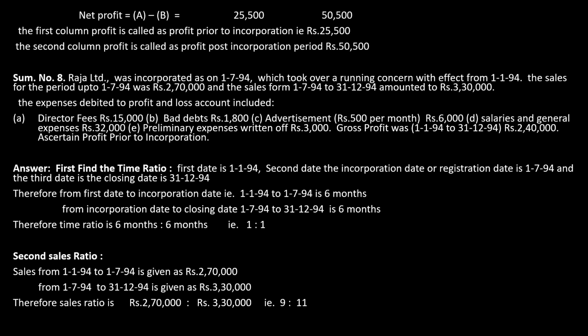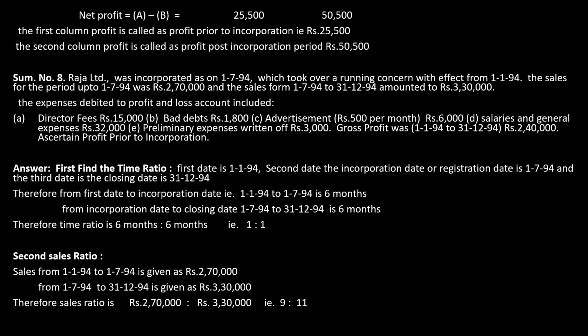Then from 1/7/94 to the 31st December 1994, the closing date, is 3,30,000. So that will be the ratio here. 2,70,000 is to 3,30,000, that is 9:11. So now the sales ratio will be 9:11 and my time ratio will be 1:1.